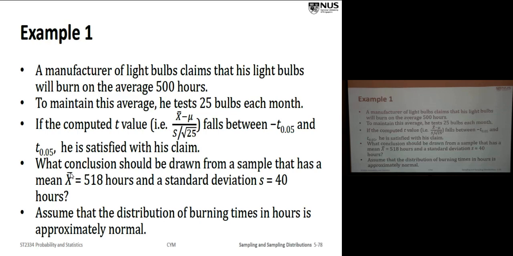So the example runs like this. You have a manufacturer of light bulbs, and this manufacturer believes that on average the light bulbs burn for 500 hours.